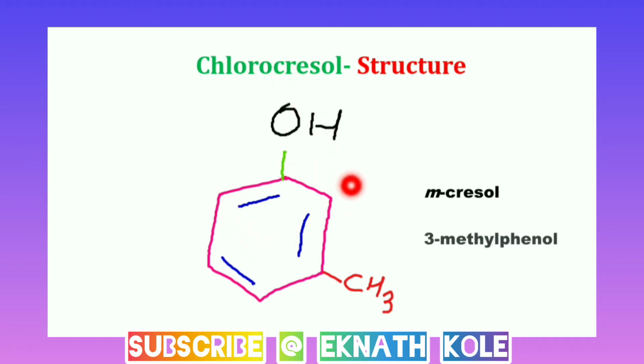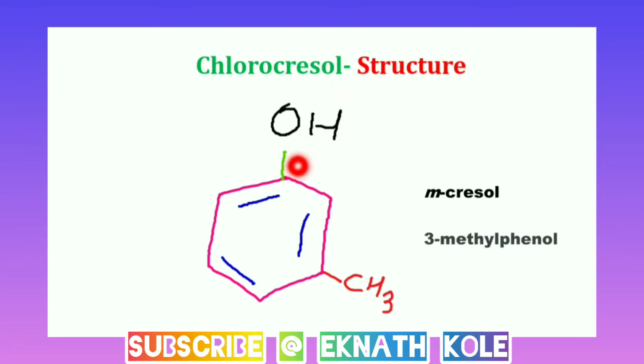So you have to draw the benzene ring, then draw the hydroxy group on this benzene ring, so you get the phenol. On the meta position you have the methyl group. If you number this compound, considering the hydroxyl group as the substituent, numbering starts from 1 at this position.